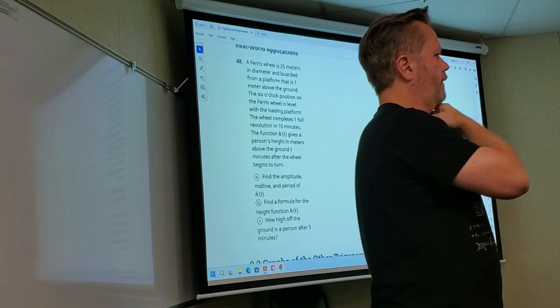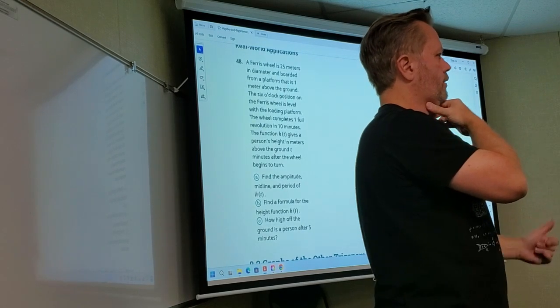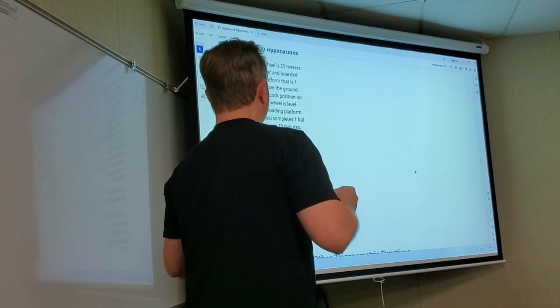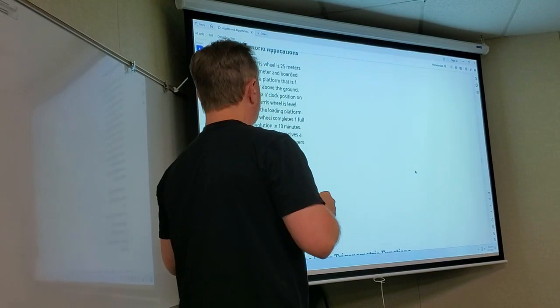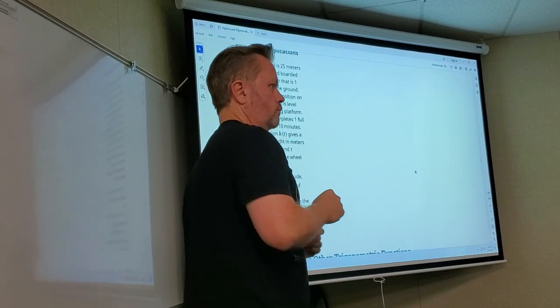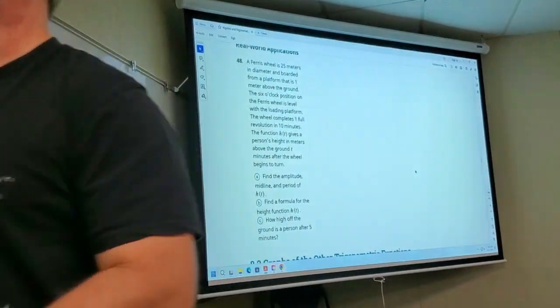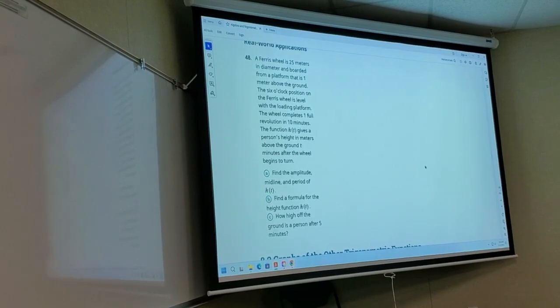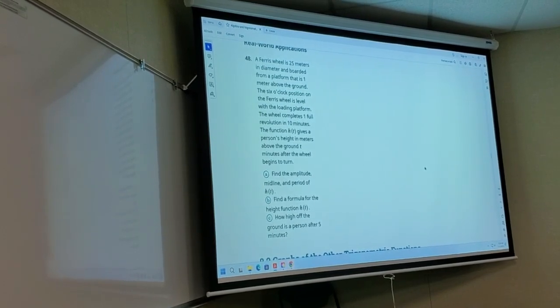I was confused when it said midline because it's not like I can see it. There was a formula that said the midline equals the y max plus the y min. So, help me out. This whole thing is 1 meter off the ground, correct? Here's a circle, here's the Ferris wheel, here's the ground, this is 1 meter.